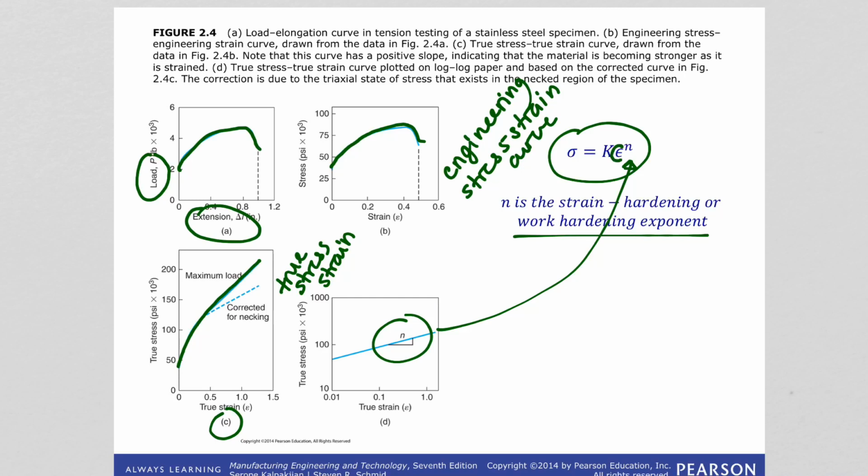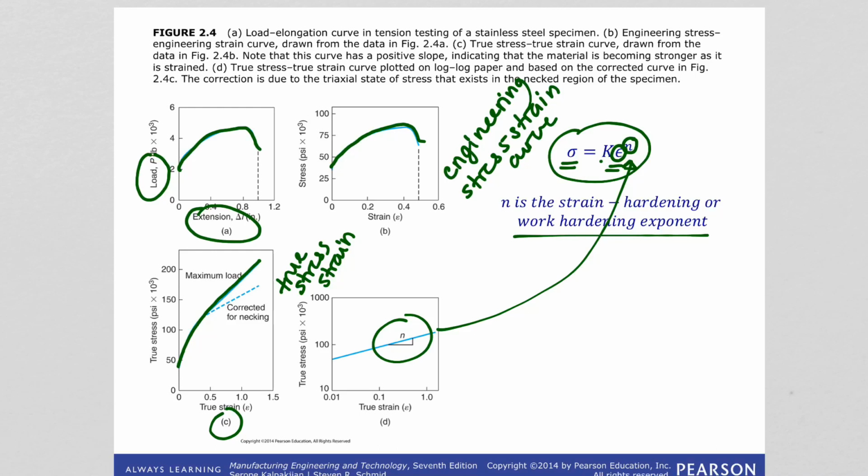This is the strain, this is the N, strain hardening exponent or work hardening exponent. K is a coefficient, and this is how stress and strain are related, and it is explained by this equation. And of course, the higher the slope, the greater the N.